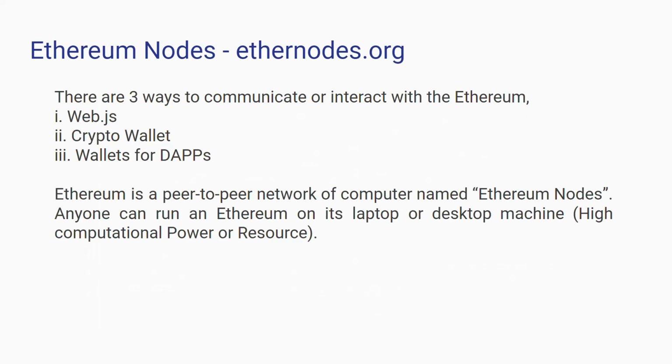Anyone can run an Ethereum node on their PC or desktop machine, but it requires high computational power and resources, right? So you can set up your Ethereum node and run it. There is no harm. We will look at the Ethereum nodes that are live, and I'll walk you through them.